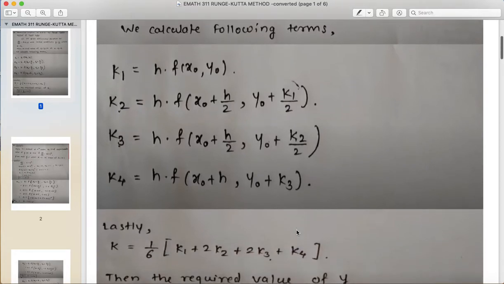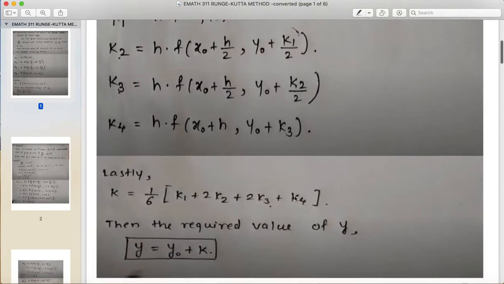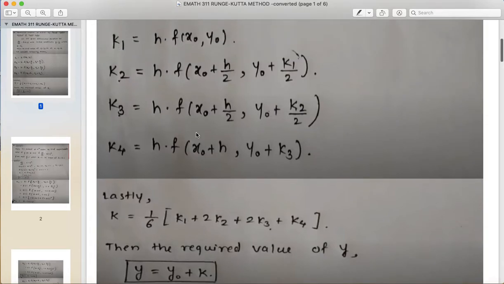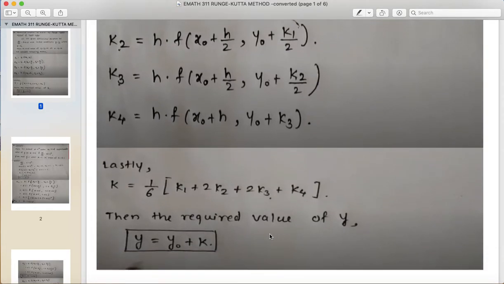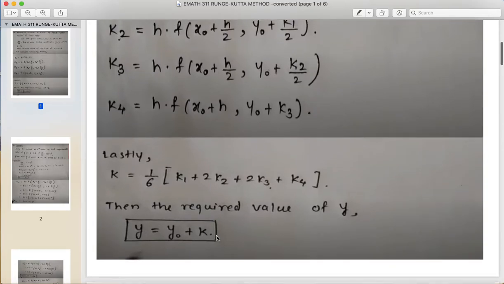So basically, we already have k1, k2, k3, and k4. Lastly, we need to find k, and k is equal to 1 over 6 times k1 plus 2 times k2 plus 2 times k3 plus k4. Then we get the required value of y, given by y equals y naught plus k.